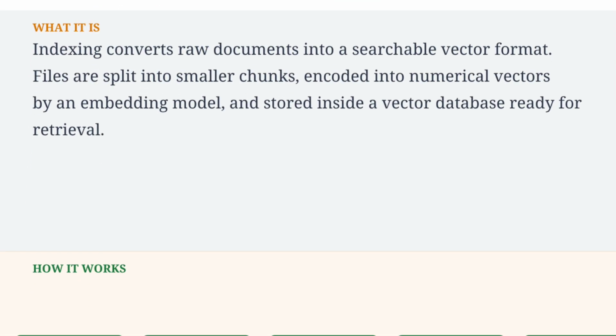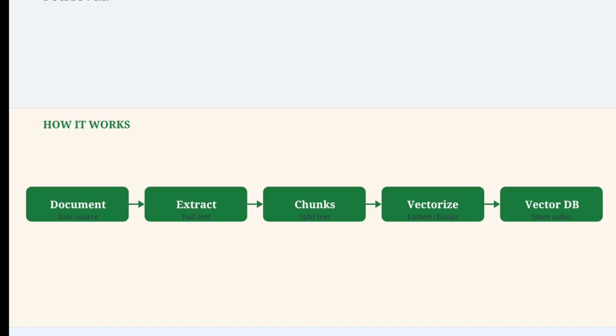It is a small, manageable section. Now, here's the interesting part. Each chunk gets converted to a vector, a list of numbers that represent its meaning. As we have talked about before, this is exactly embedding. And all those vectors get stored in a vector database and organized, ready to be searched.